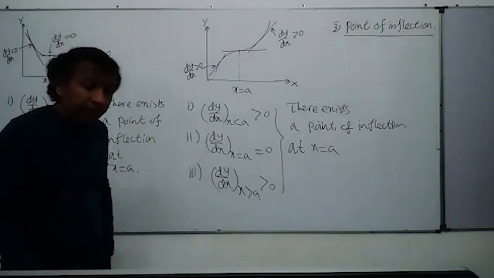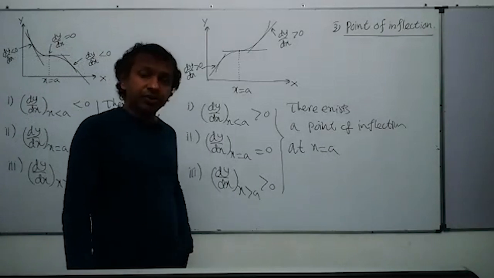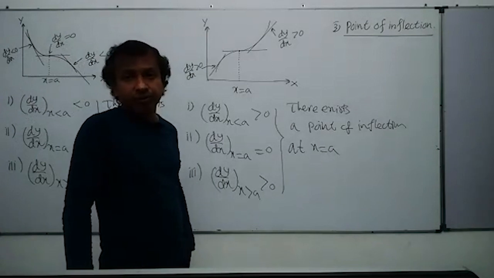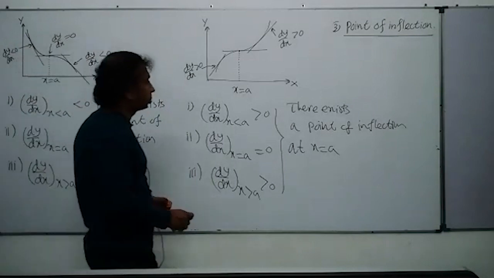Then there is another test for that. That is the second derivative test. We'll come to the second derivative test after this example. Okay, then put a star mark and then write like this.